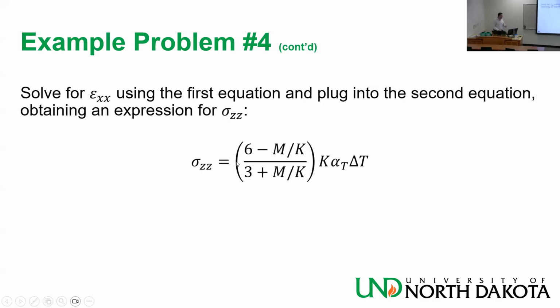And remember something. This is one version of the equations. You have two unknowns, right? M and K. Lame's second parameter and bulk modulus.